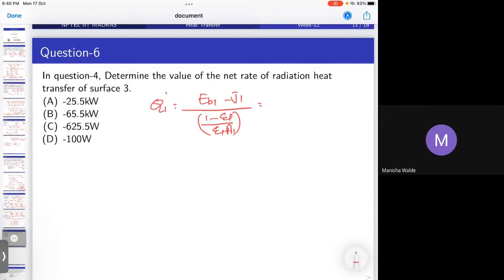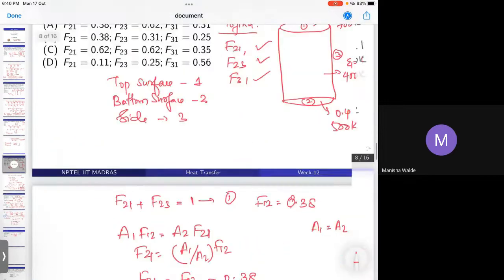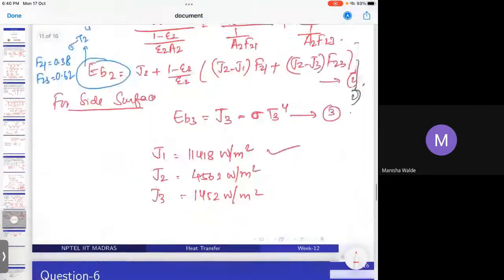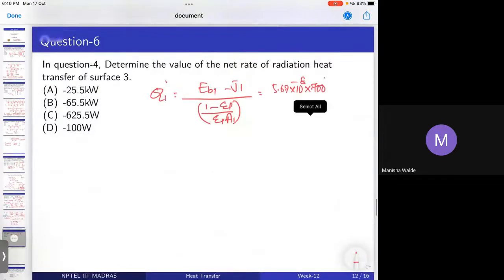EB1 is equal to 5.67 into 10 raised to minus 8 into the temperature, 700 K, 700 raised to 4, minus J1, which we already calculated as 11418, all divided by (1 minus epsilon 1), where epsilon 1 is 0.8, divided by 0.8 into the area 1.